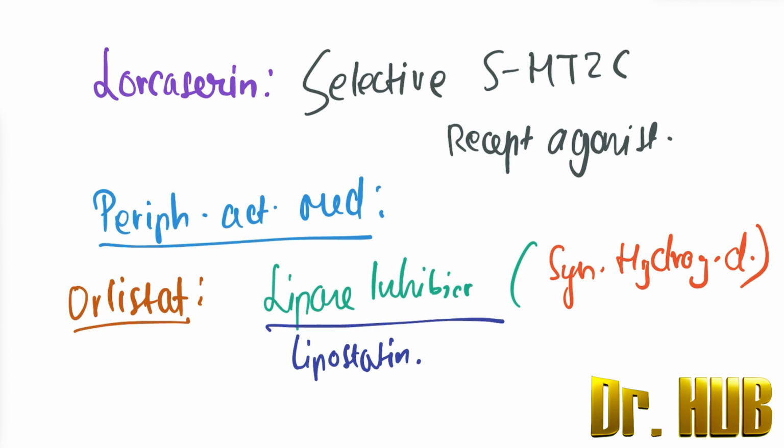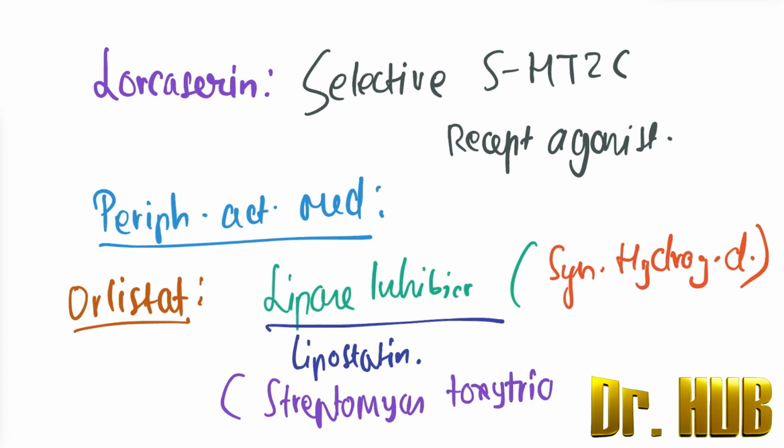It is produced by the mold Streptomyces toxotricini.